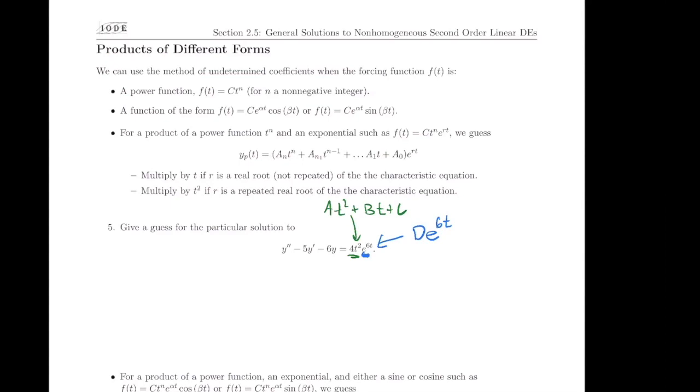So when we have a product of these two, the good news is, if you're thinking I'm just going to take a product of our guesses, that's the right train of thought. So my guess here would be: let me take At squared plus Bt plus C. I don't need that arbitrary constant D because it would just get absorbed into the other arbitrary constants.